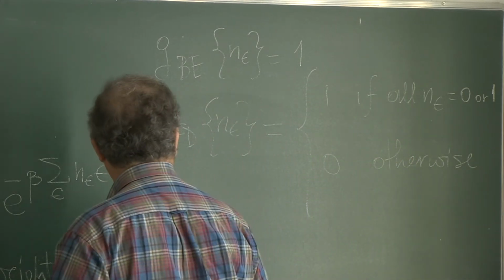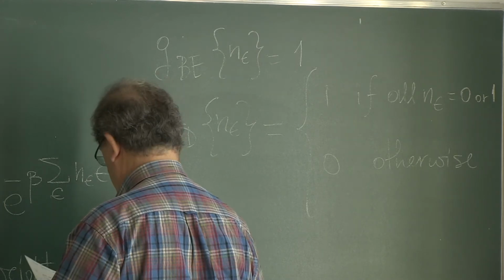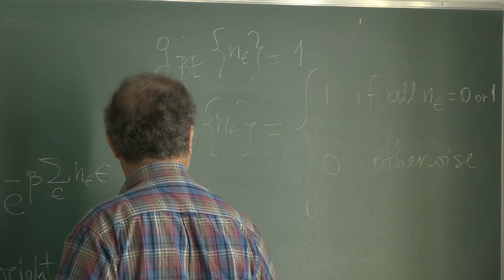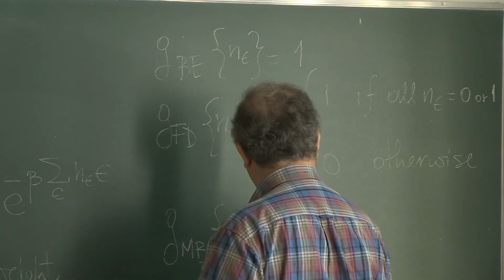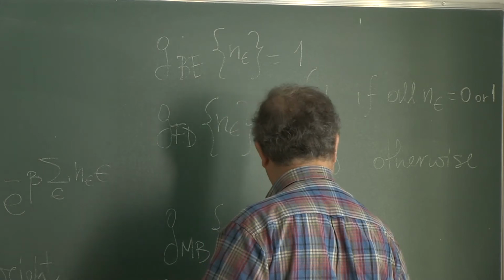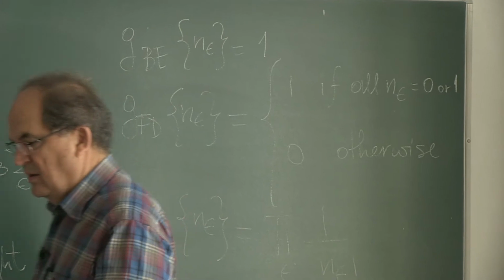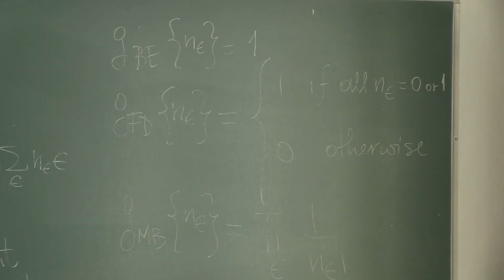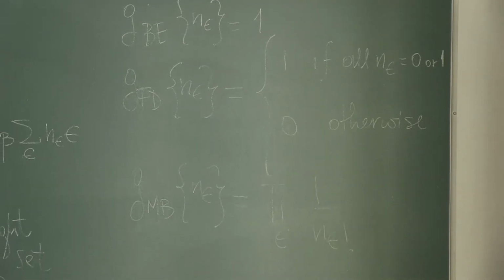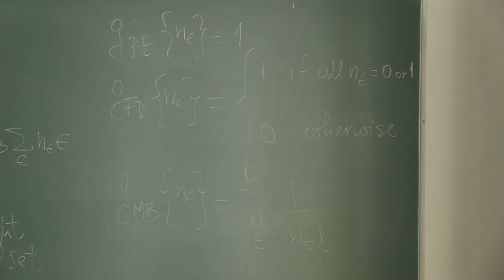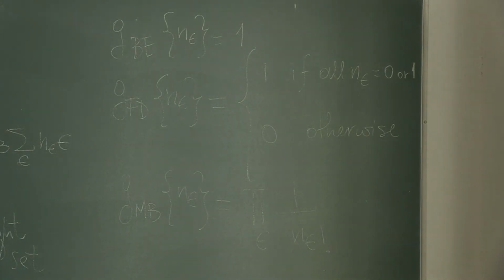And for the Maxwell-Boltzmann case, you have individual terms multiplied by 1 over n factorial. That's the Maxwell-Boltzmann case.